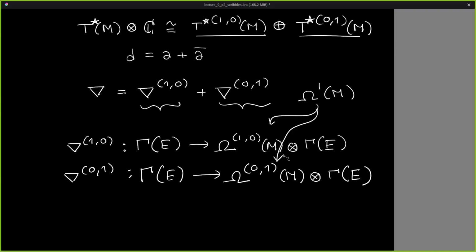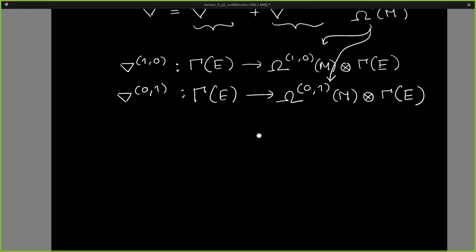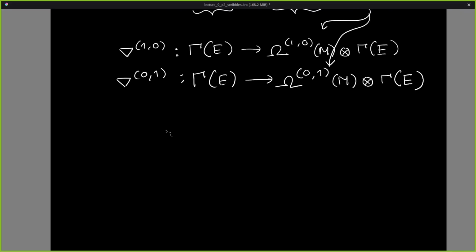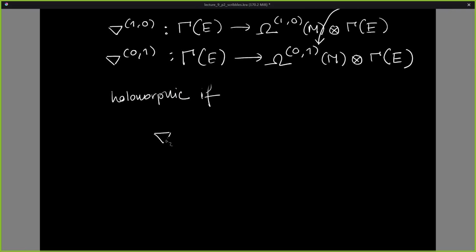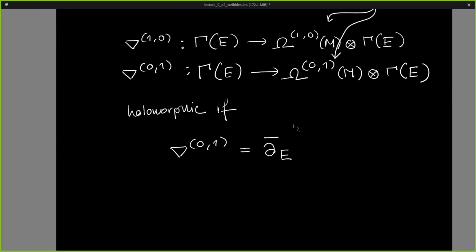And so what we're going to say is pretty simple. We're going to say that a connection is holomorphic if nabla 0 1 is equal to the canonical Dolbeault operator on E. So this is what is going to make it so that in the coordinate decomposition, we get the Cauchy-Riemann equations coming up for each of the components.